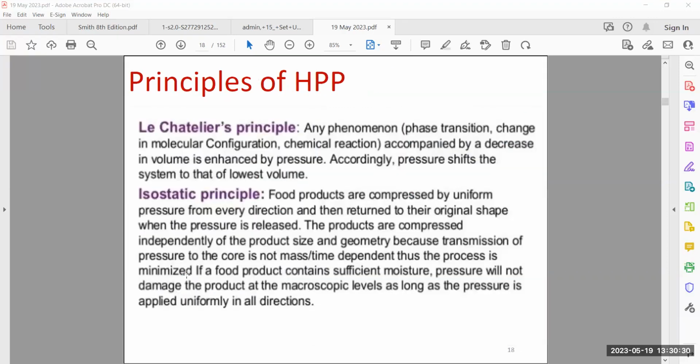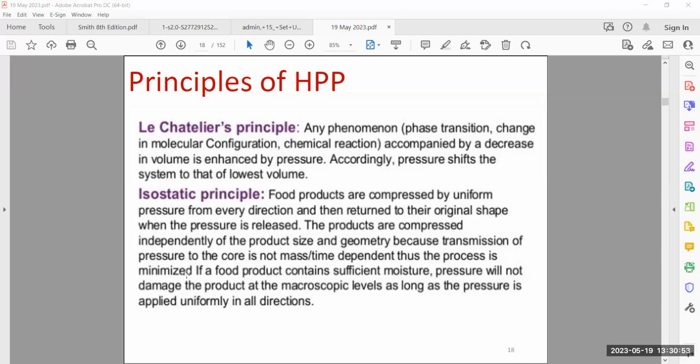So it is based on two principles. One is what we call Le Chatelier's principle, and the other is the isostatic principle. The isostatic principle basically tells you that the food products are compressed by uniform pressure from every direction and then return to their original shape when the pressure is released.